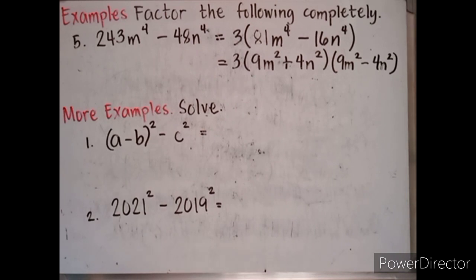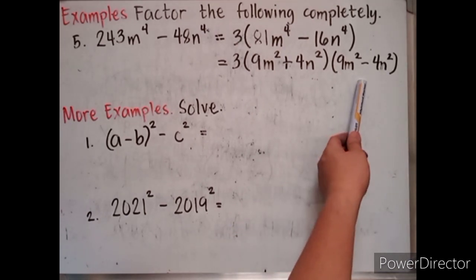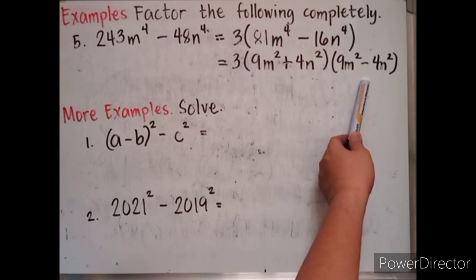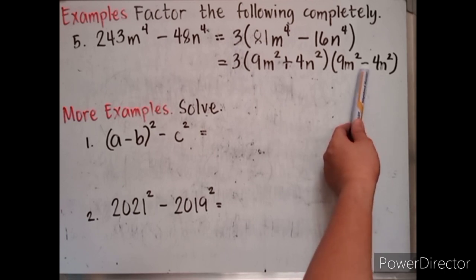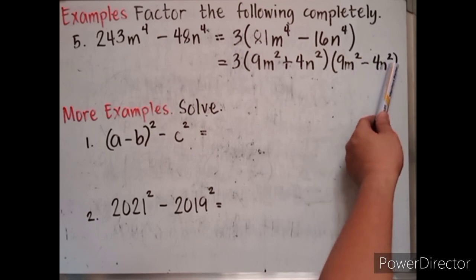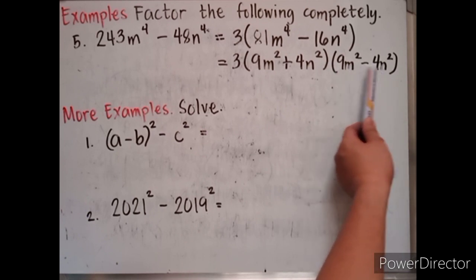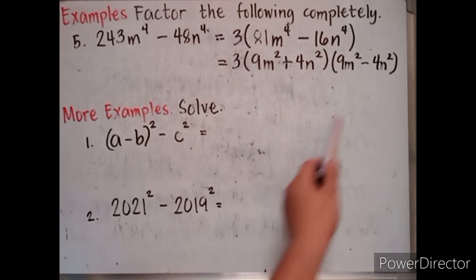Okay, so do you think this is a final answer? Mukhang answer na ba ito? Okay, kung sa tingin niyo final answer na yan, hindi pa po. Let's try to see. Tignan natin ito. Parang pwede pa rin ang DTS diyan, no? Minus. Even ang exponents. Tapos perfect square numbers yung 9 tsaka yung 4. So pwede pa pala ito.